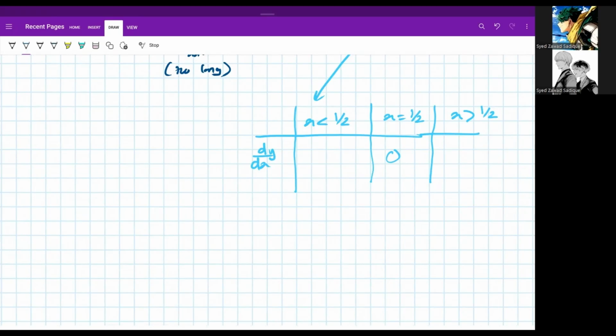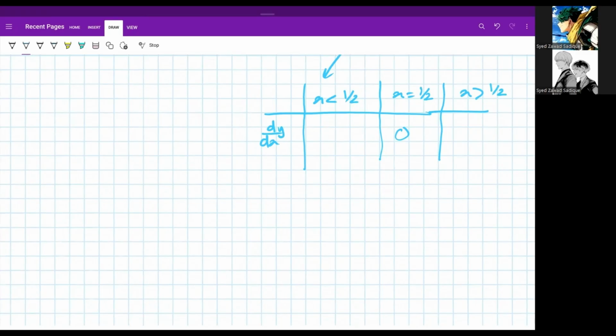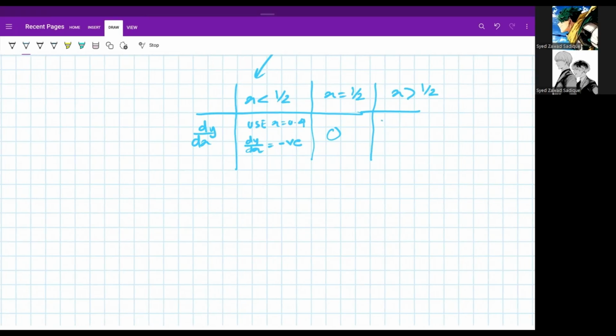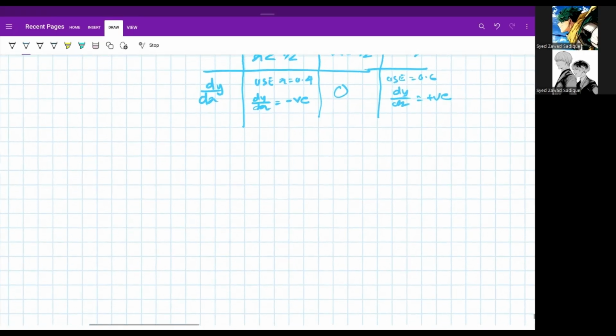When x is less than half, let's use x equals 0.4, then we get dy by dx is negative. And if we use x equals 0.6, we get dy by dx as a positive value. You can check this.